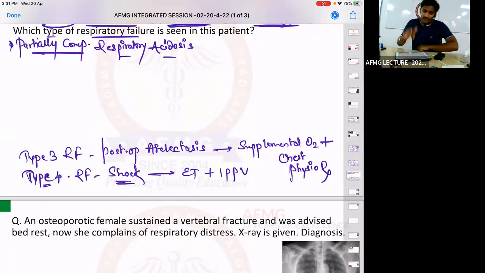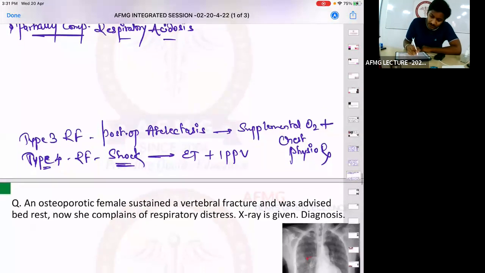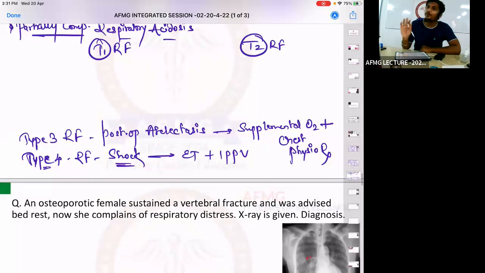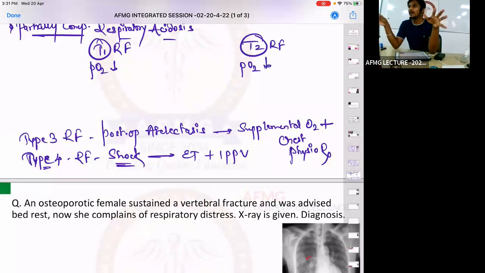No issues still here. Now talking about the 2 most important ones: either type 1 respiratory failure or type 2 respiratory failure. How to differentiate? Please remember, both of them are respiratory failure, so PO2 levels would be low in both of them, because there would be hypoxemia. If I talk about PCO2 levels, this is important, guys.